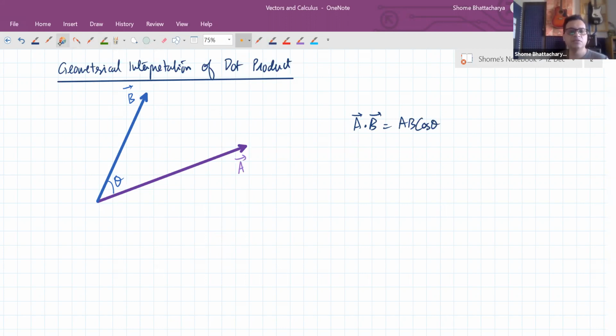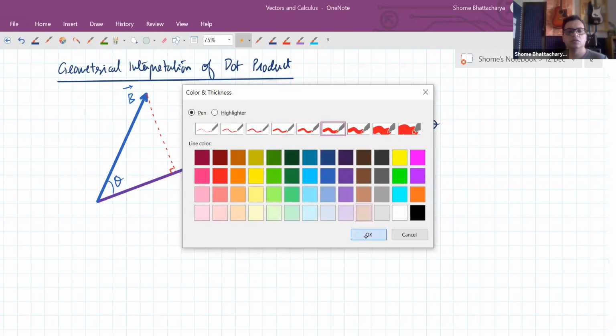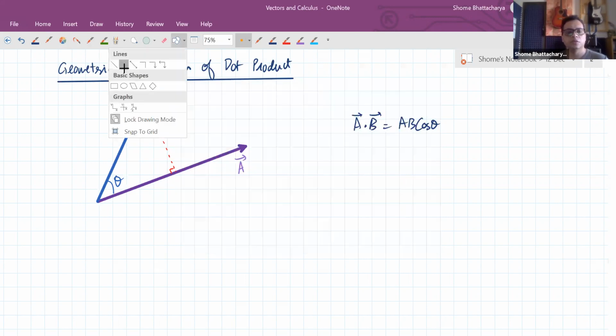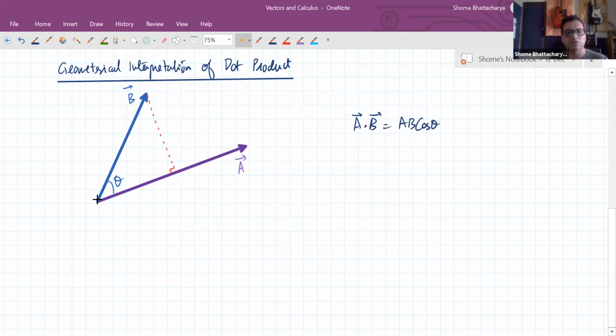Now in this diagram, you can see that if we drop a perpendicular from B's head onto A, then this quantity is basically what we call the projection of the vector B along the vector A. This projection, by the trigonometry of this triangle, is nothing but B cos theta, because this is B in magnitude.